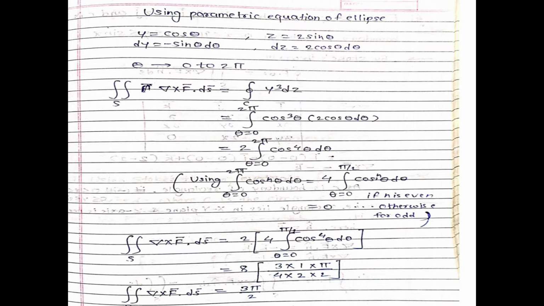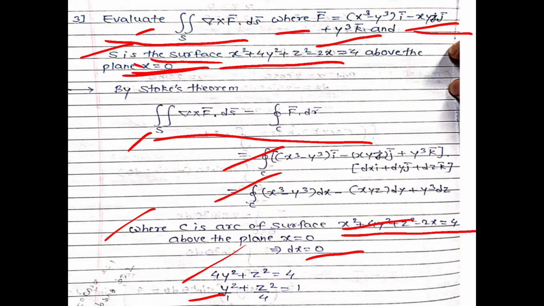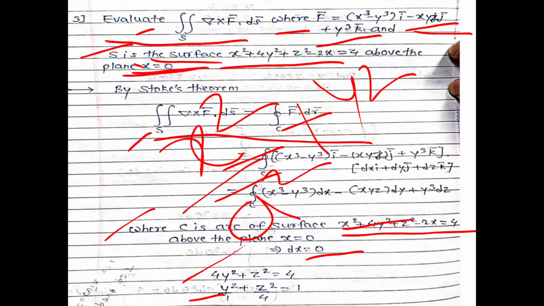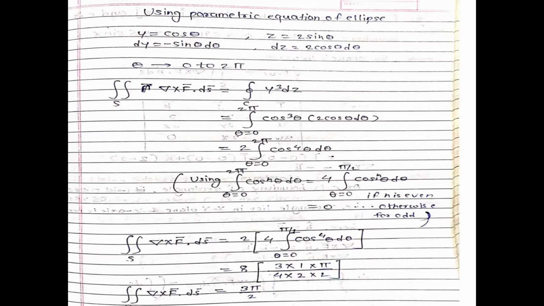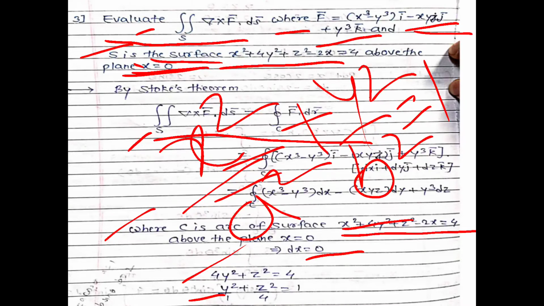We know that the equation of an ellipse is x square by a square plus y square by b square is equal to 1. Now here the value of a will be 1 and the value of b will be 2.